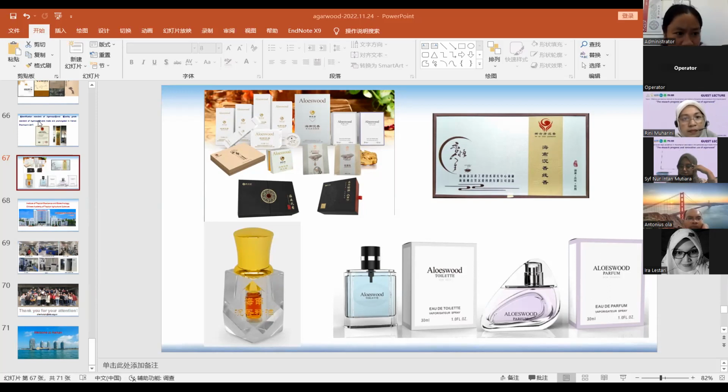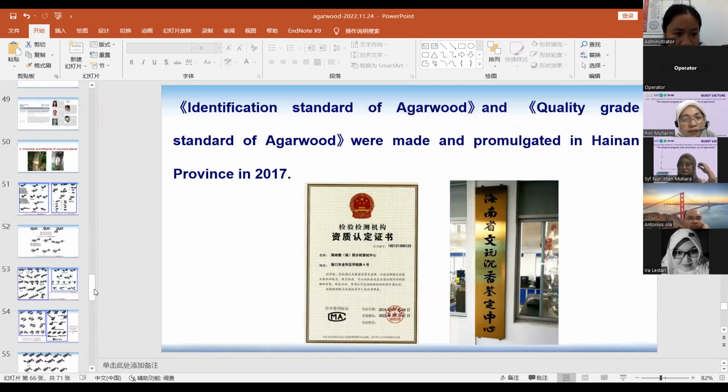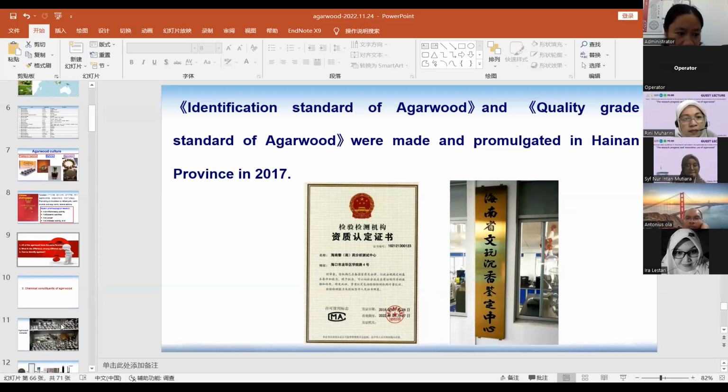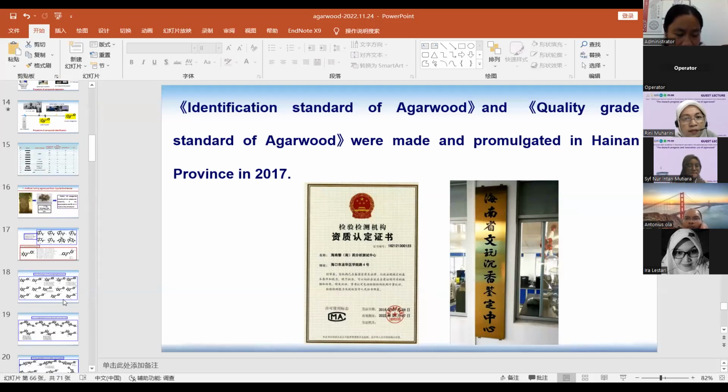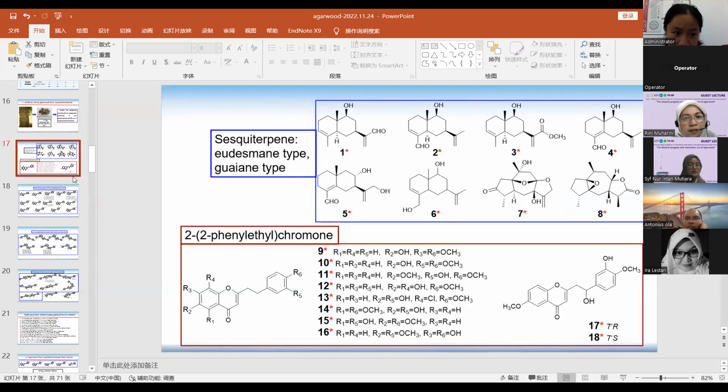For the first sample, actually here I showed the first sample is an artificial agarwood. From here, the compound actually has some difference from some wild agarwood. We think it is just because of the time, because artificial agarwood grows for a shorter time, and the wild agarwood grows longer.